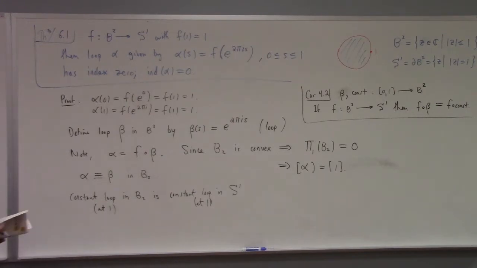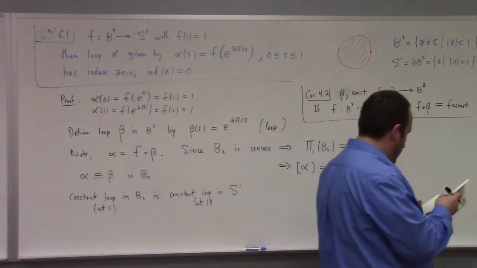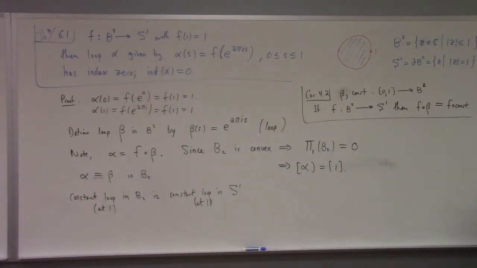All right, so anyway, this is theorem 6.1. And he says, theorem 6.2, here it is, there is no map from B2 to S1 such that f of z equals z for all z in S1.